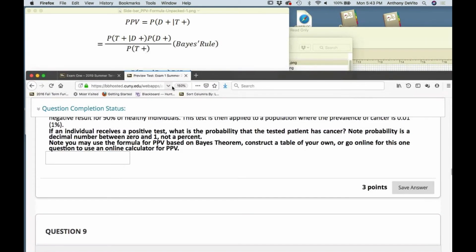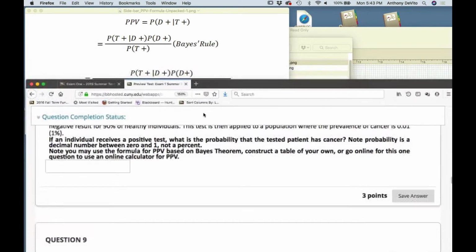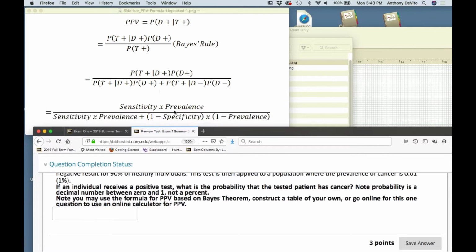Okay, the positive predictive value is equal to the sensitivity times the prevalence, if you look at this carefully. The prevalence is the percentage of people in the population that have the disease, right? So in this case, it would be 1%.